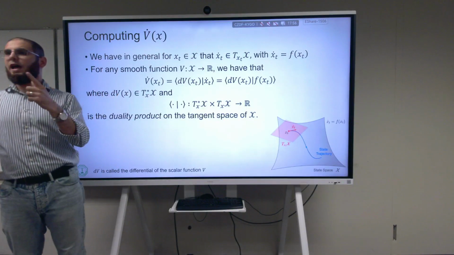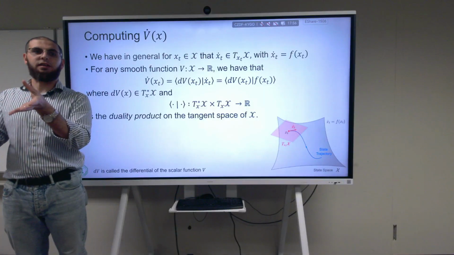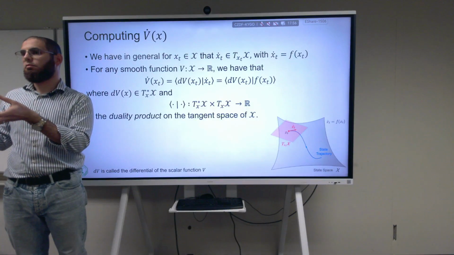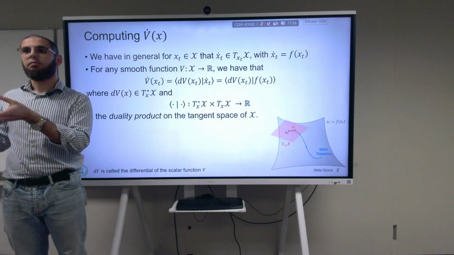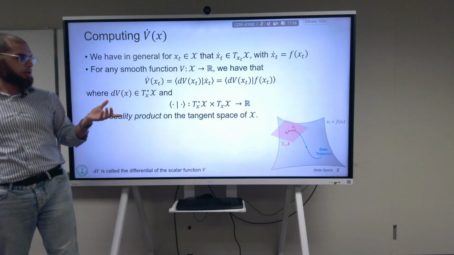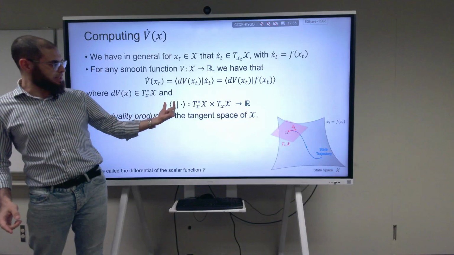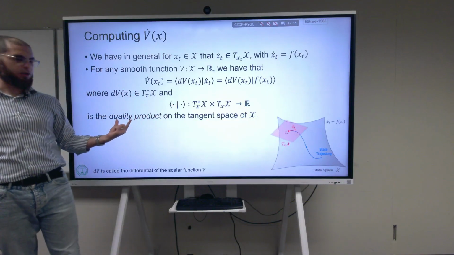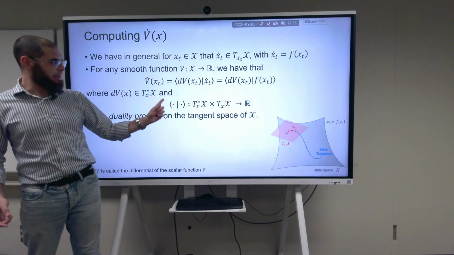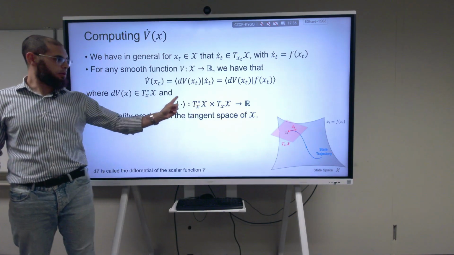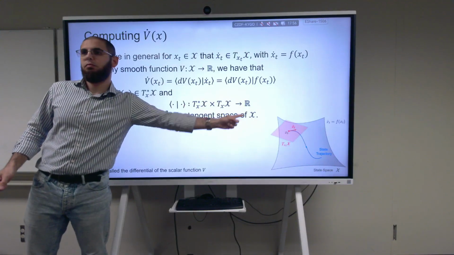What happens when I combine a vector and a covector? What do I always get? A real number. So this bracket, this duality product, will eat one covector and one vector and give you a real number.